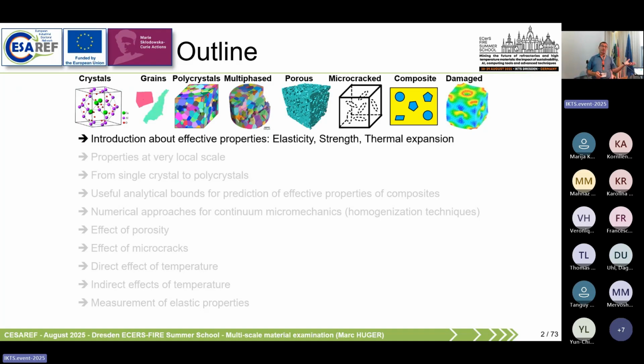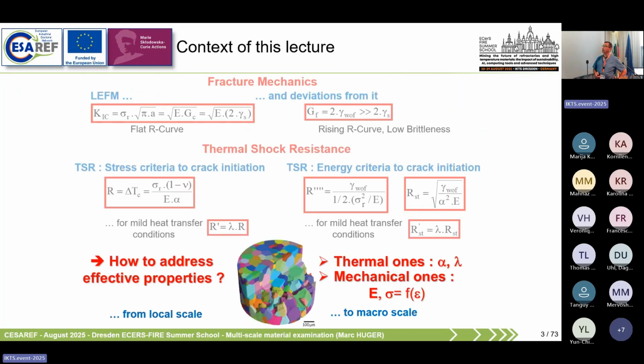Starting from the intrinsic property of the components, so as a composite, seeing the refractory as a composite. You have seen already this key formulation. If you already go into thermomechanics, you have seen the key paper of Kingery, Hasselmann. They have produced a lot of things in the 60s, and many people refer to that work after that.